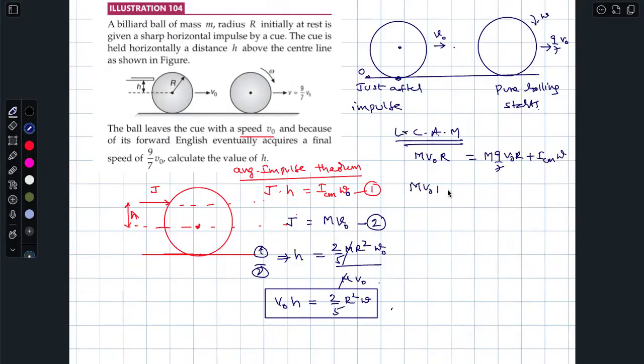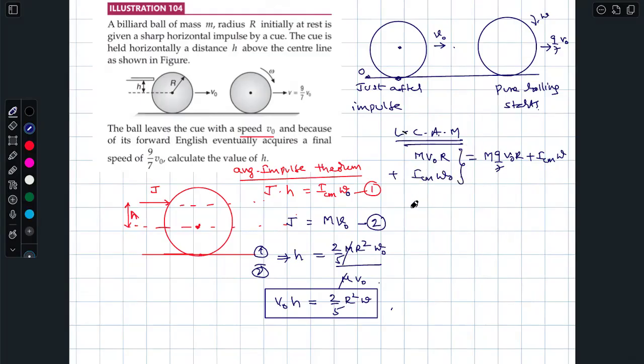No, one minute. Initially, it has omega also. I forgot that point. Initially, it has omega also, no? Plus ICM omega naught, initially.